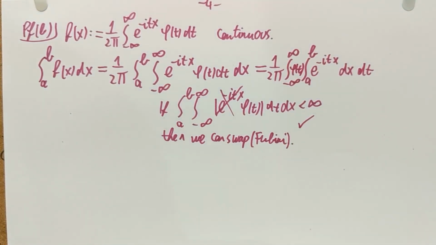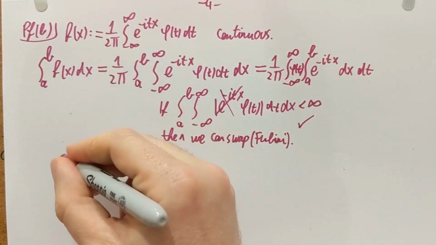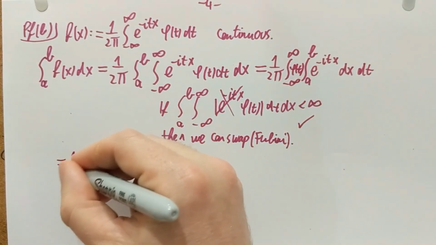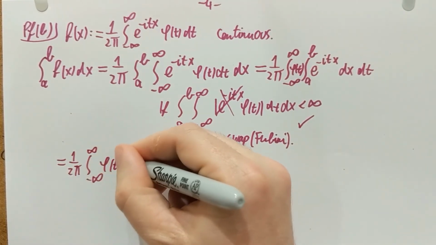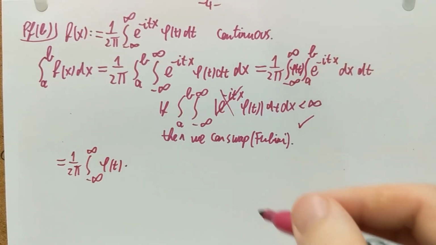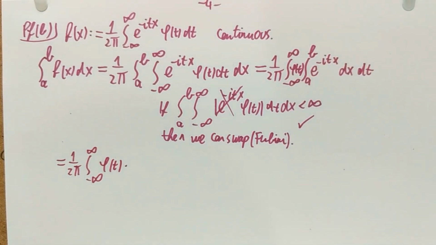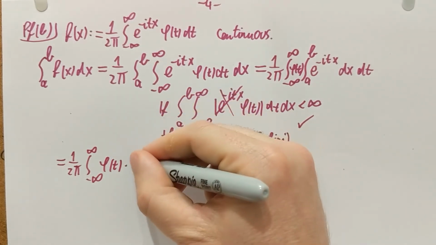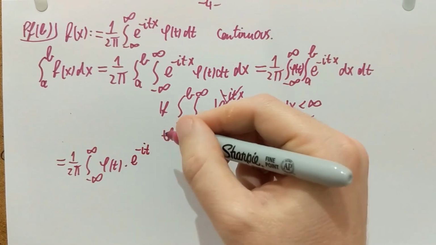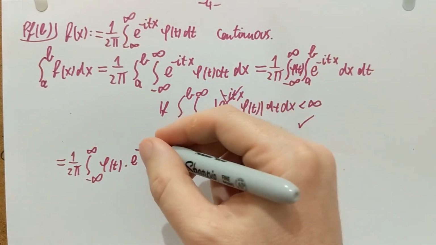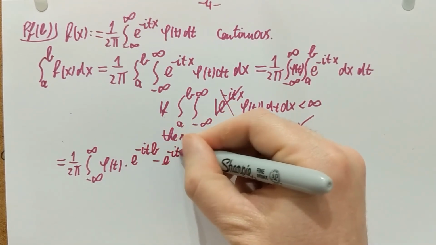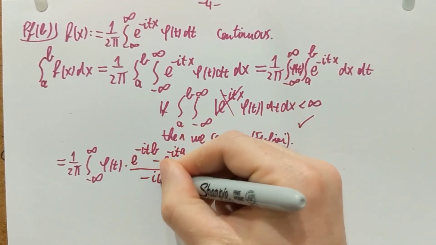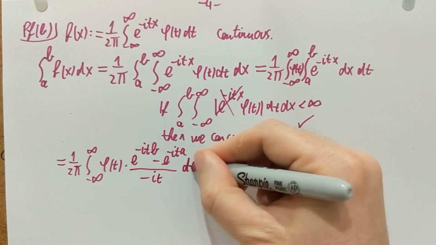Now this integral is something I can calculate. That's exponential of minus itx over minus it, taken at b minus a. That's what this integral is.